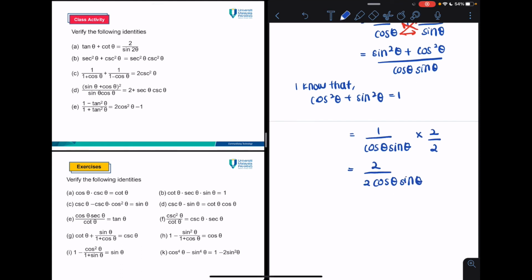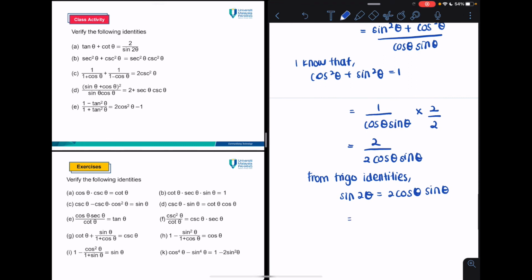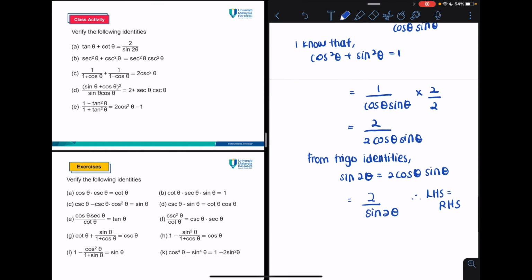Then from trigonometric identities, obviously sine 2 theta equals 2 cosine theta sine theta. Then from here I'll get 2 over sine 2 theta. Therefore, the left hand side is equal to the right hand side, and then verified.